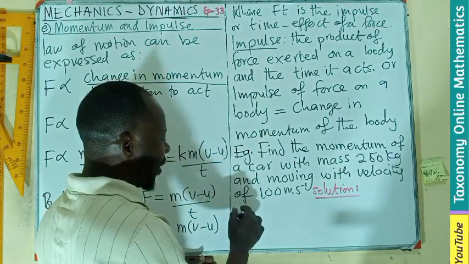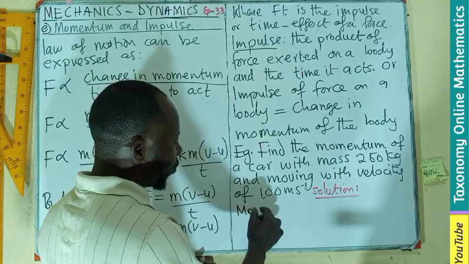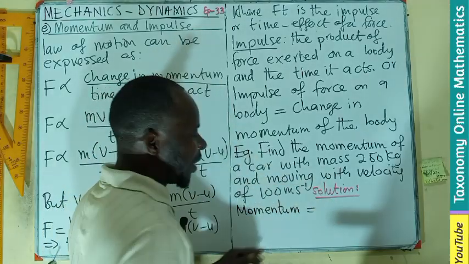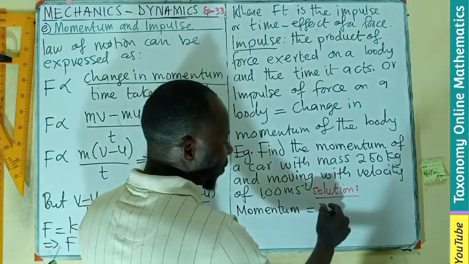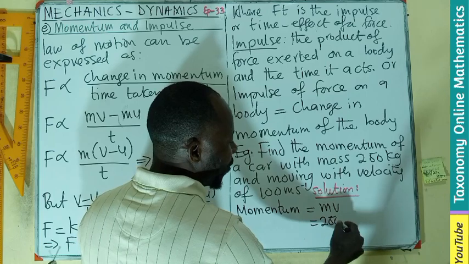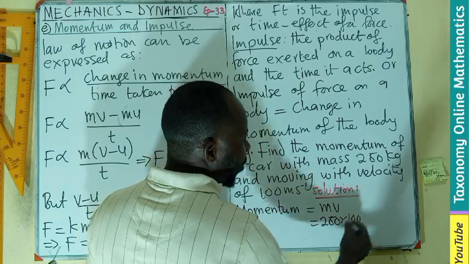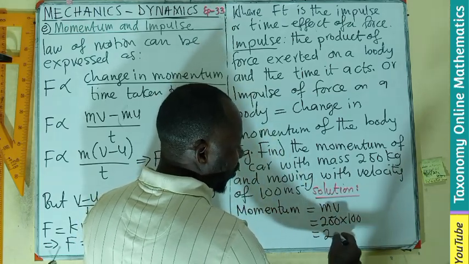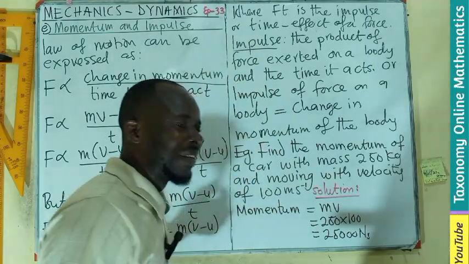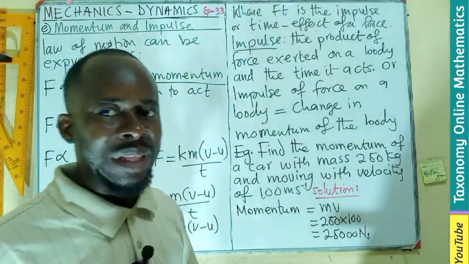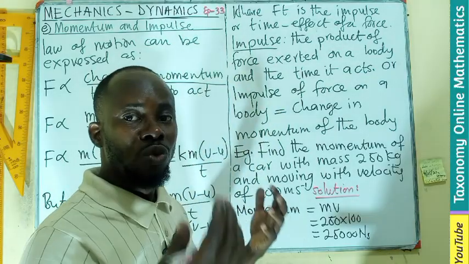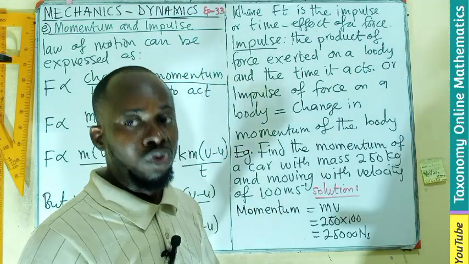We know momentum is the mass of the body times the velocity. The mass is 250, the velocity is 100, and that gives us 25000 newton seconds, or better still, kilogram meters per second. This is just to know how to find momentum.